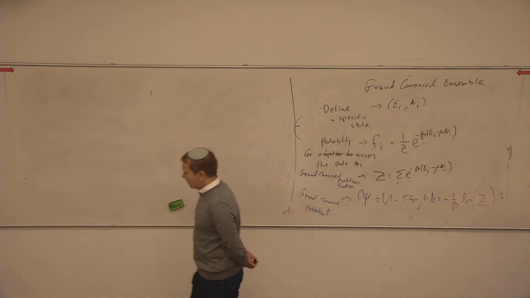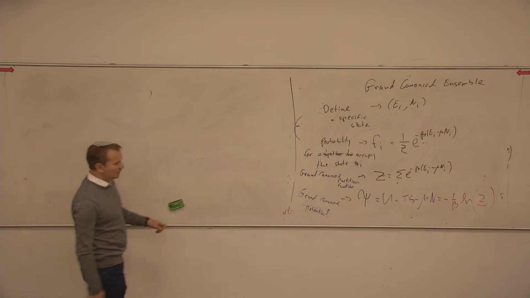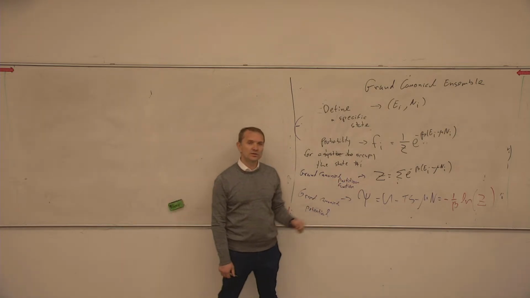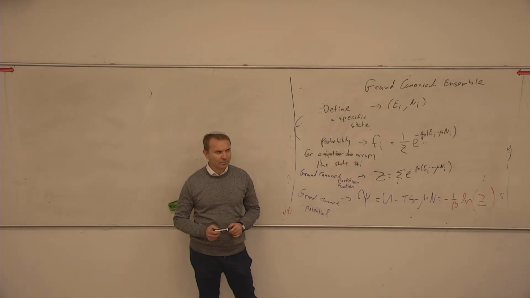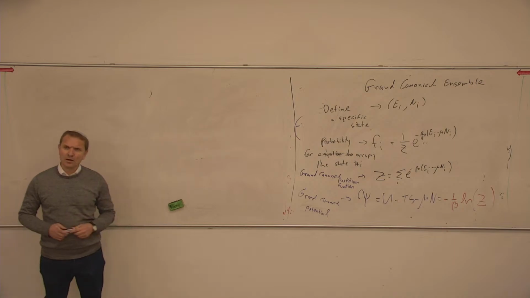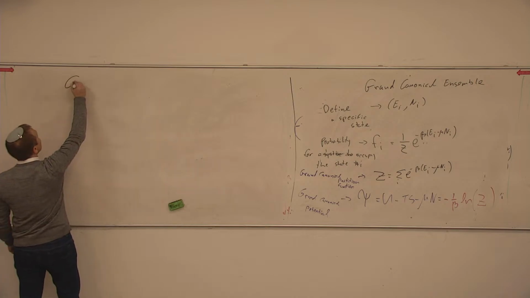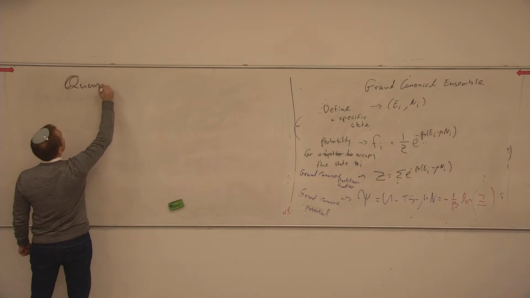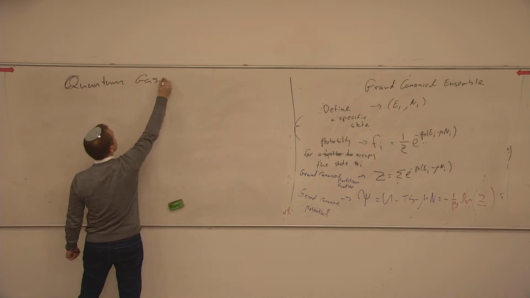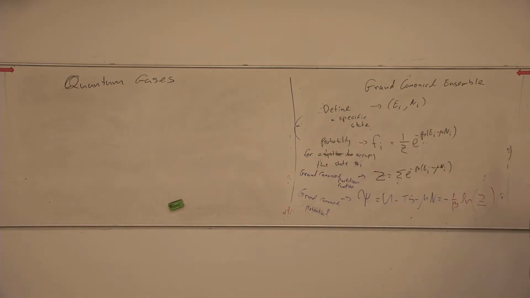Okay? There is also an additional way. Say I have a system with canonical representation, and the interactions are very strong such that I simply cannot find effective free particles. The thing to do sometimes, and we will see it specifically in the case of quantum gases, is to say that, well, the number of particles can fluctuate.